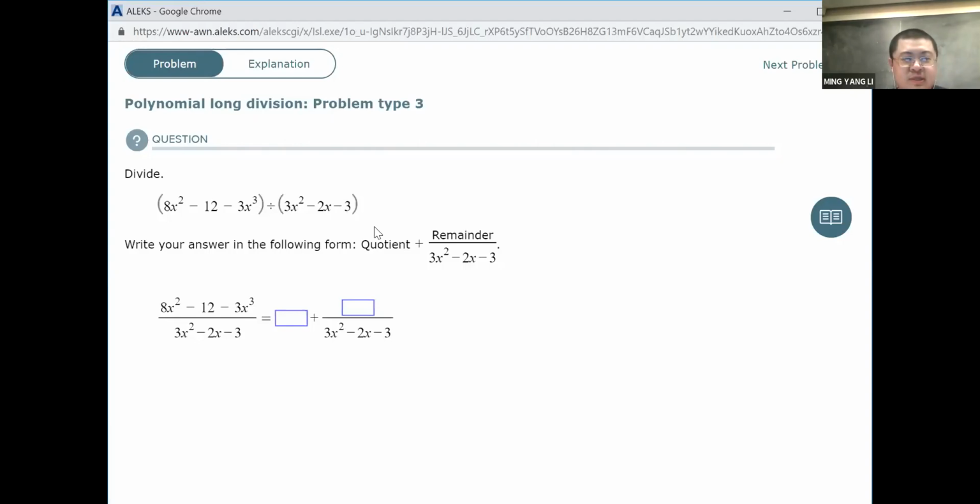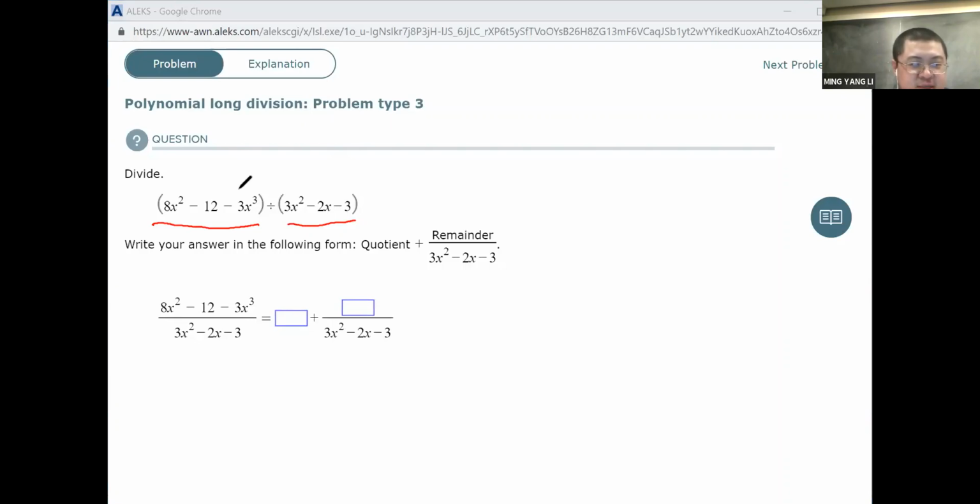So for this example, we're going to see the general case. This is still a polynomial divided by another polynomial, but the difference is that the dividend and divisor are not in the perfect form.